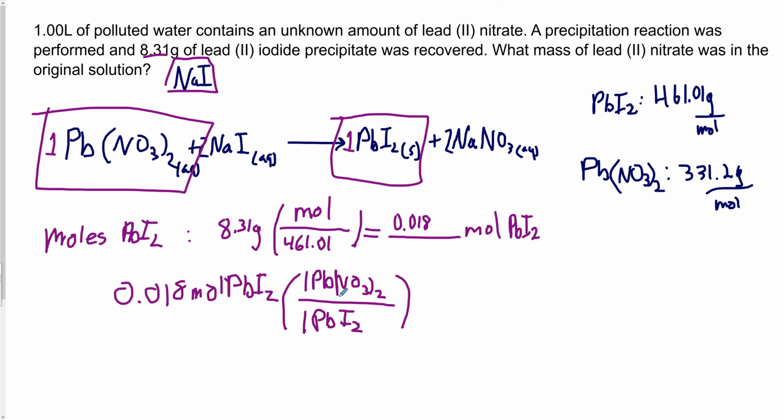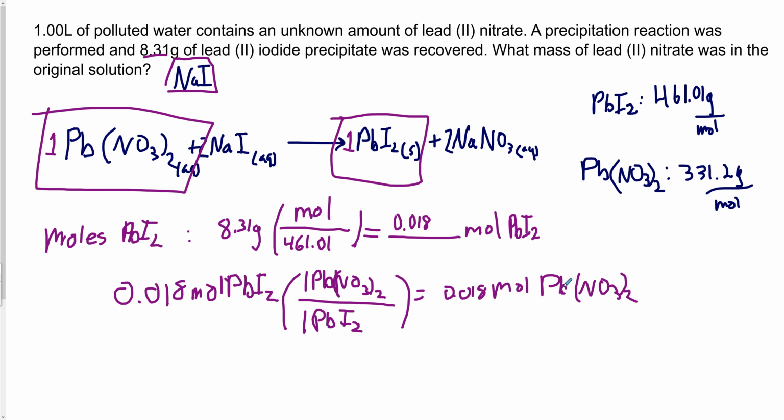Awkward bracket. Since this is a 1-to-1 mole ratio, we're going to end up with 0.018 moles of Pb(NO3)2. Oh, shoot, I mean NO3, bracket NO3, bracket 2.